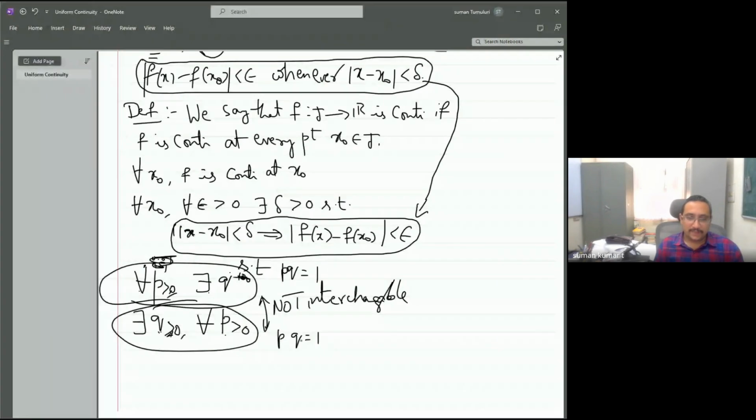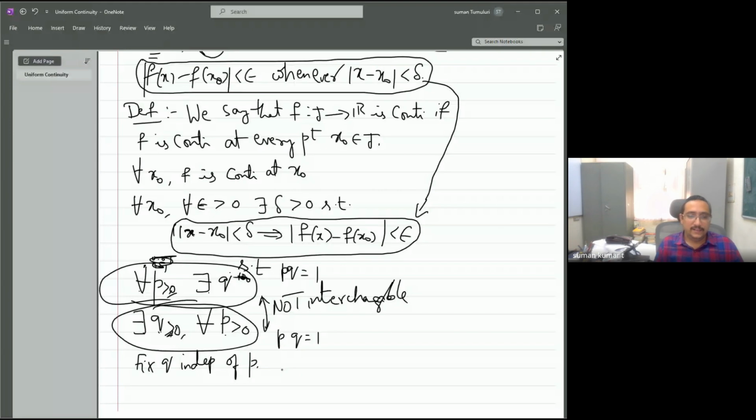So when I put there exists first, that means I'm fixing Q independent of P. This is an important thing.